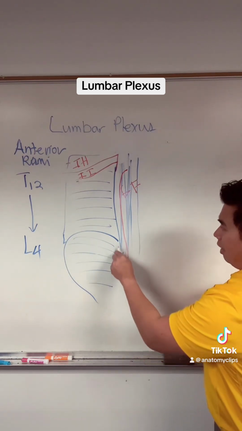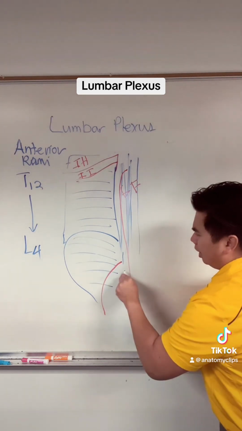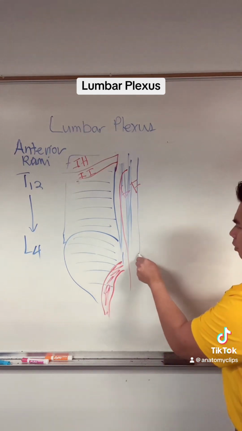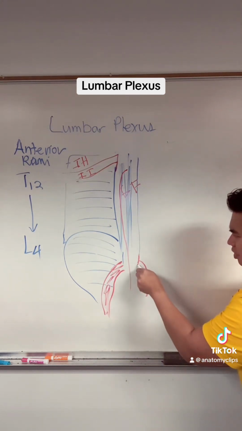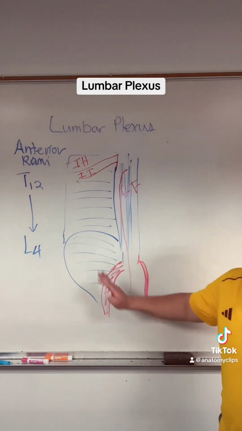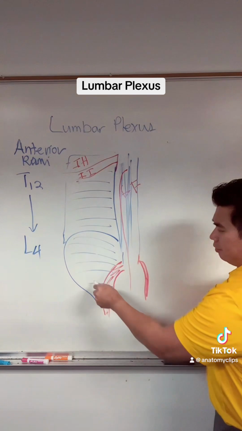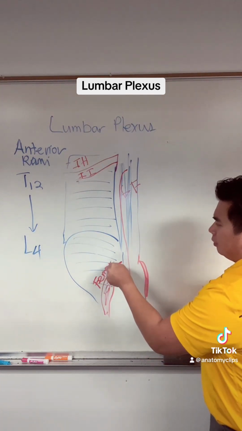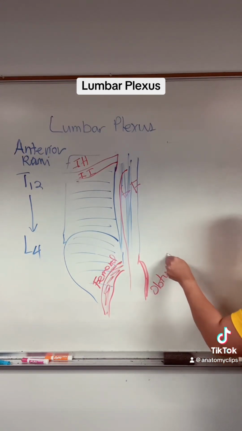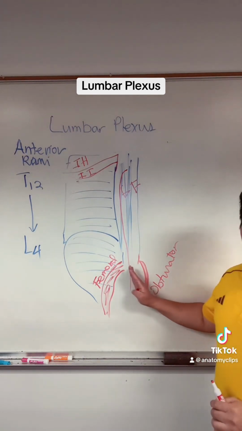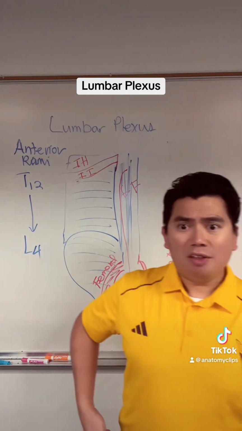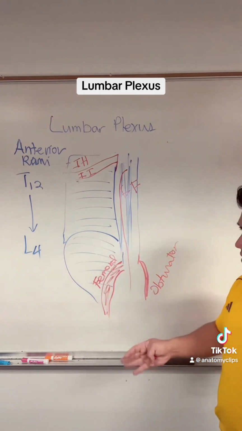So the lateral part, we will have this big, thick nerve. And then we will have a medial nerve that's somewhat thick as well. So that lateral nerve, it makes sense to call it the femoral nerve. And the medial nerve will be the obturator nerve. Remember, the obturator foramen will be much more medial, and the femur will be much more lateral. So it just makes sense.